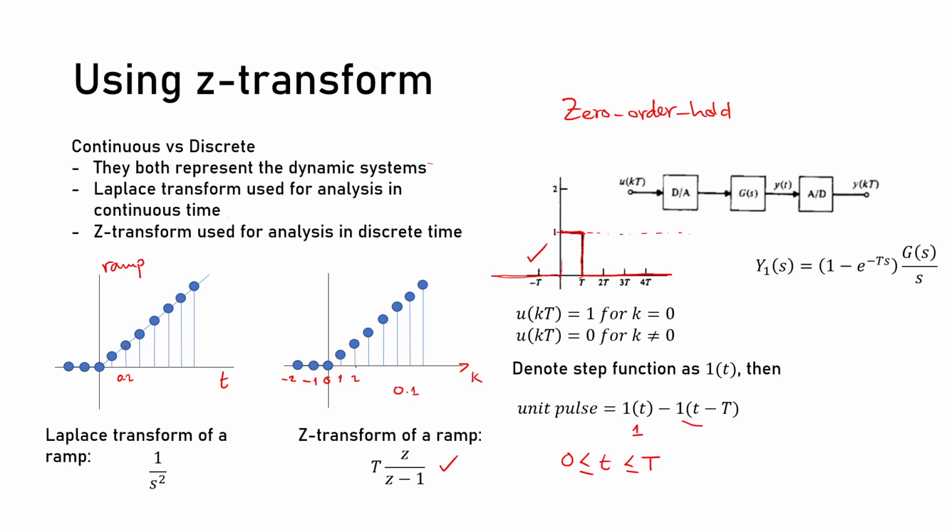How about this one? This one is still 0, right? So the result is 1. How about t greater than capital T? This one is 1. This one is also 1. Then 1 minus 1, you get 0. So it means it falls back to 0 here.